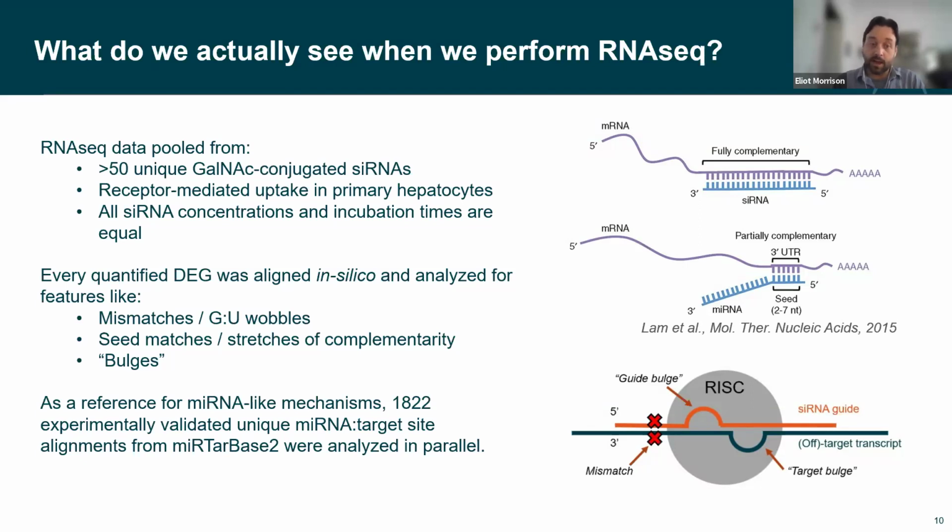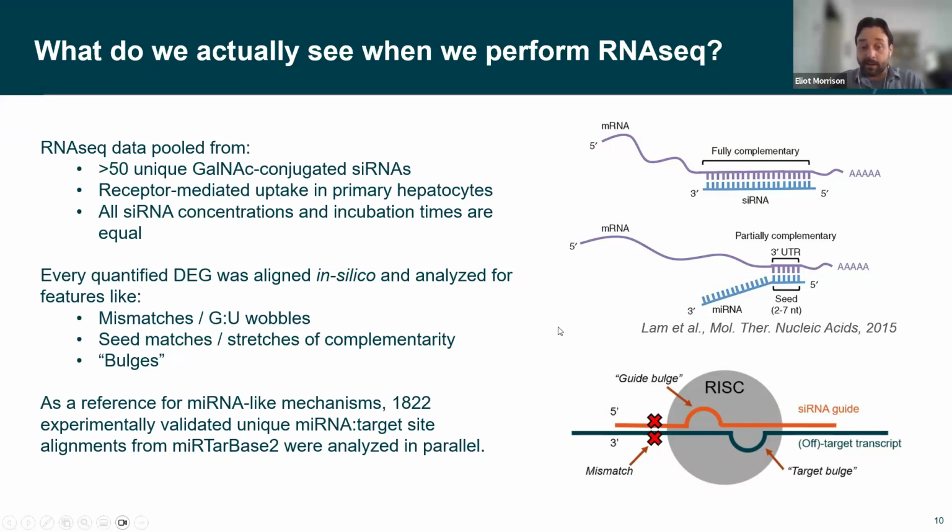And so bulges are a really interesting case where you have flanking stretches of complementarity that can only base pair with the other strand if they physically push out a certain number of bases or nucleotides here. And we can consider bulges that might happen on the target mRNA side, but also bulges that might happen on the guide side. And we call these target and guide bulges.